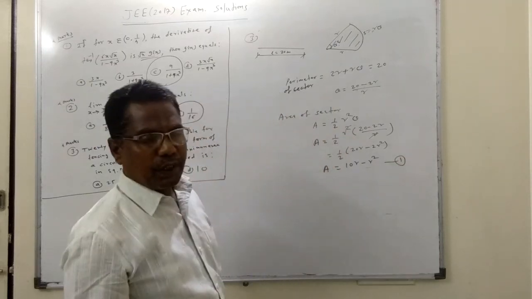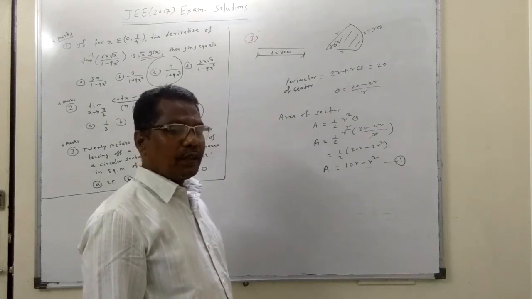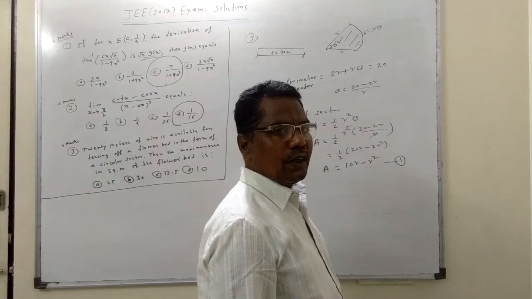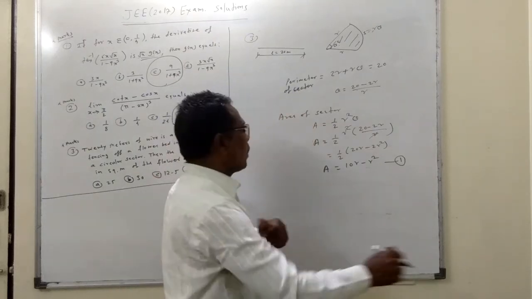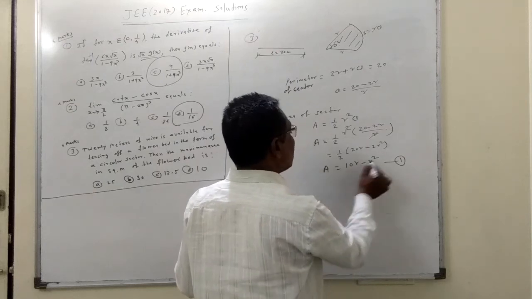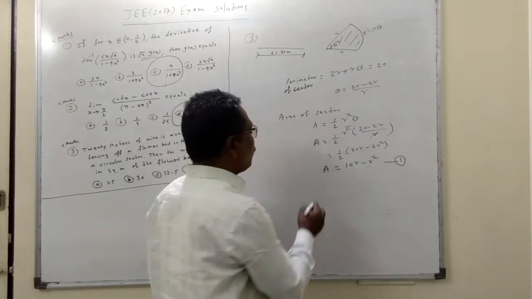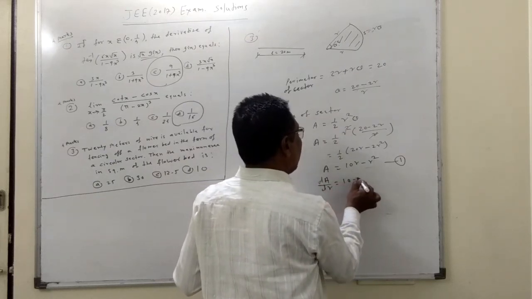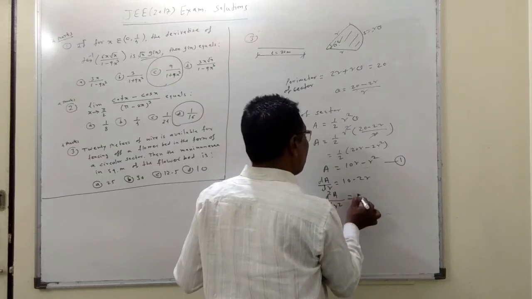In maximum minimum, we have already studied and explained this in two methods, first derivative test and second derivative test. You follow the videos and then you study these JEE examples, you practice the exam. So this is the main function. Now here we'll follow the second derivative test. So you want to find the first two derivatives: dA upon dr is 10 minus 2r, d2A by dr square is minus 2.